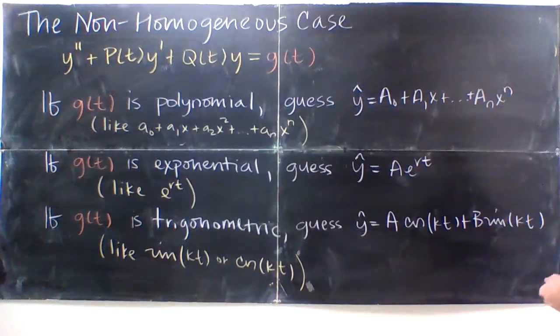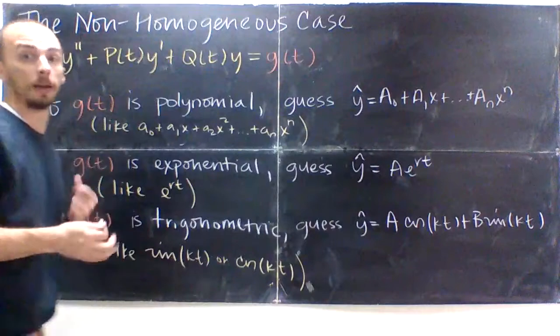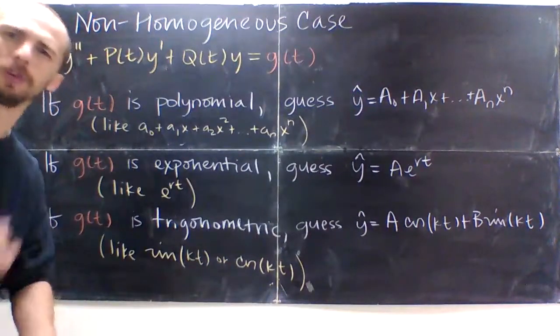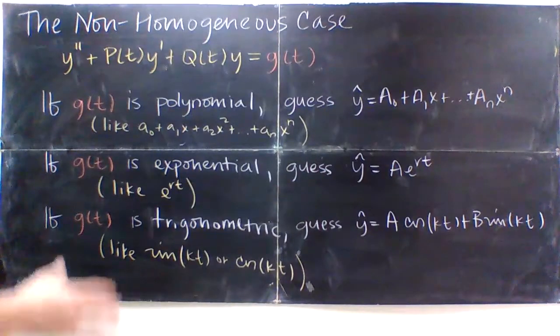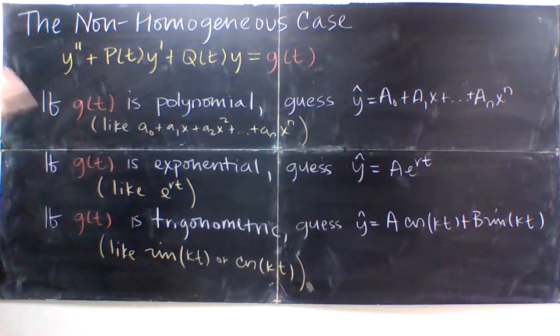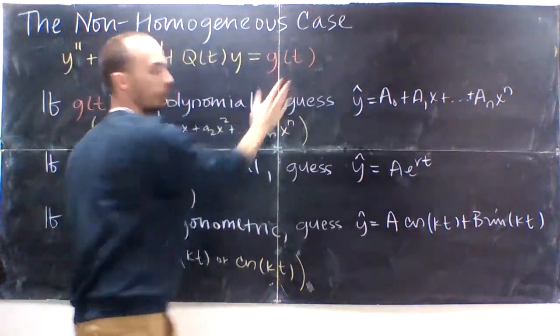Because it is entirely possible that one of these will come back 0. But it might not be the one you expect, or you might need both of them, depending on the differential equation and depending on the initial conditions, I think. Actually, I don't think it depends on that. But that's what we're going to guess based on what our non-homogeneous part is over here.